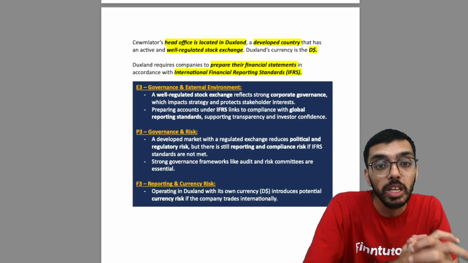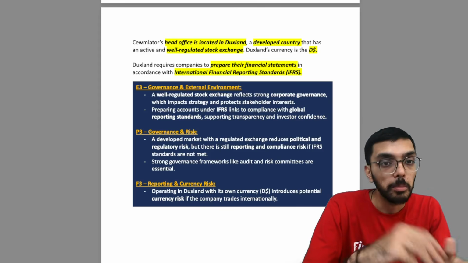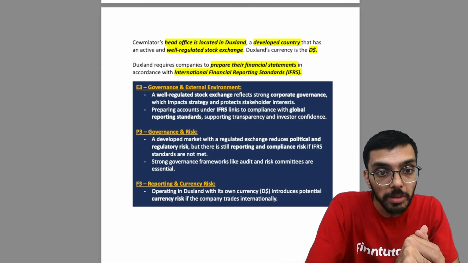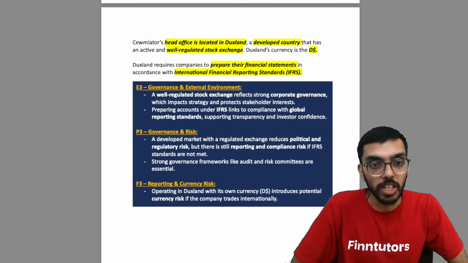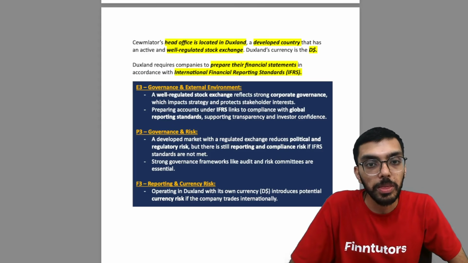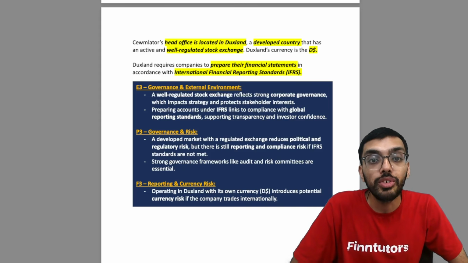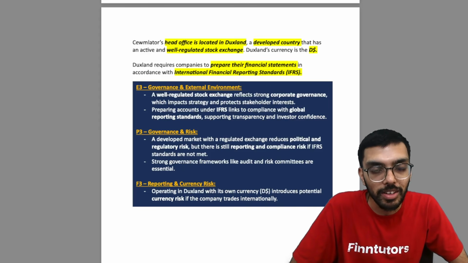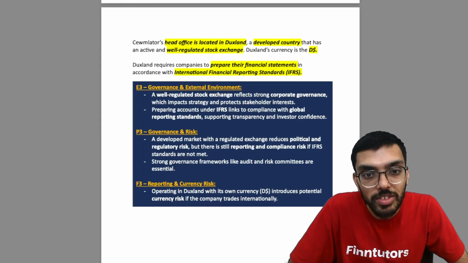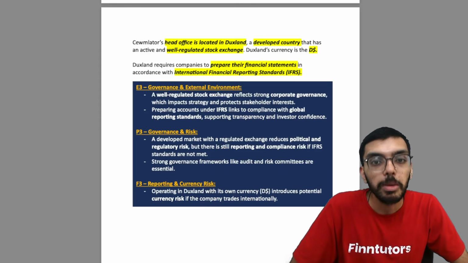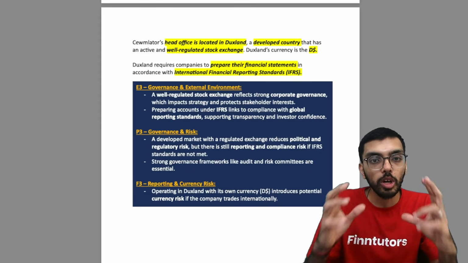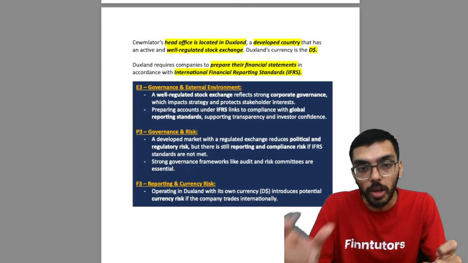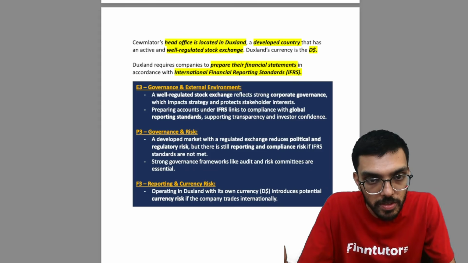So your F3 understanding becomes even more important. If I look at governance, a developed market with a regulated stock exchange reduces political and regulatory risk, but still there is compliance risk, there is reporting risk, because you need to stick to the corporate governance rules, policies, regulations.